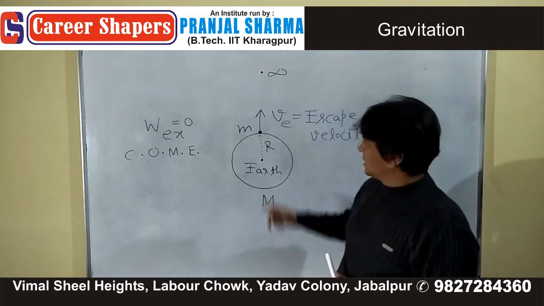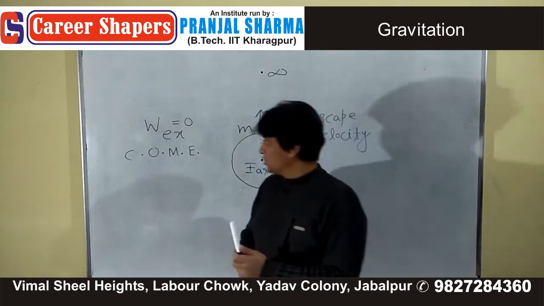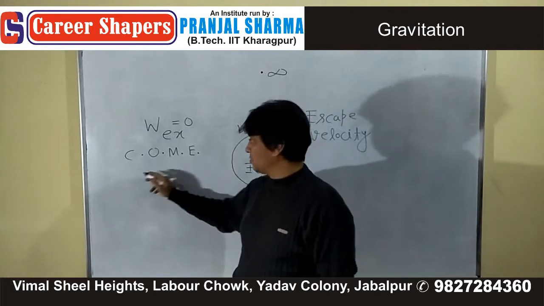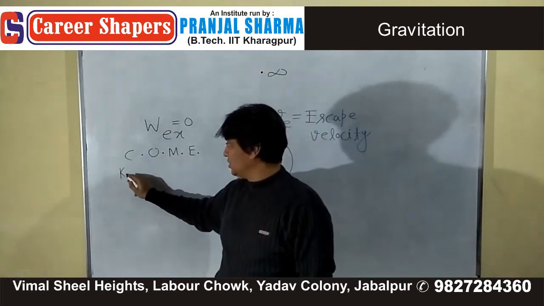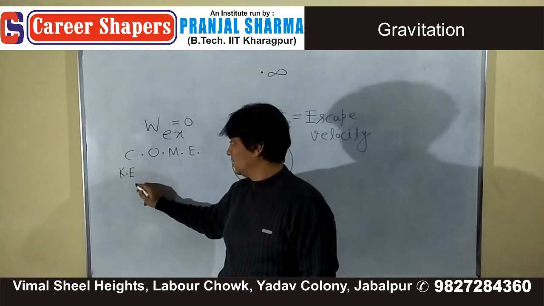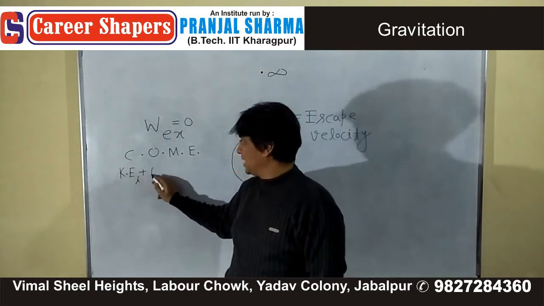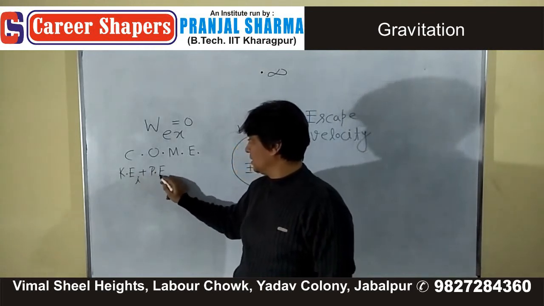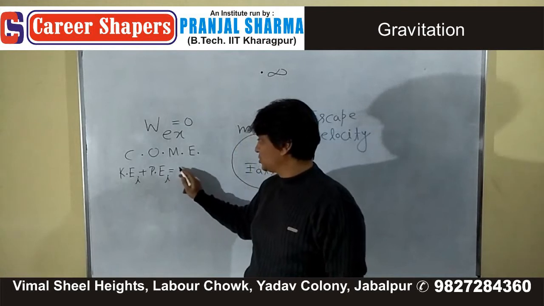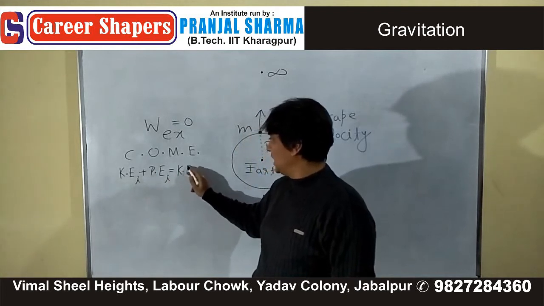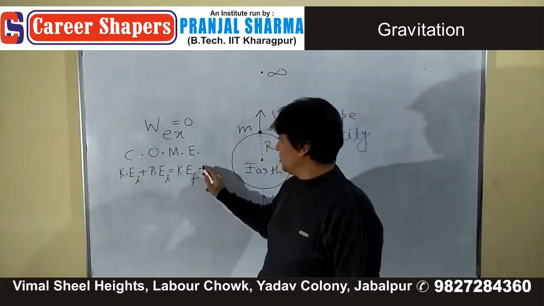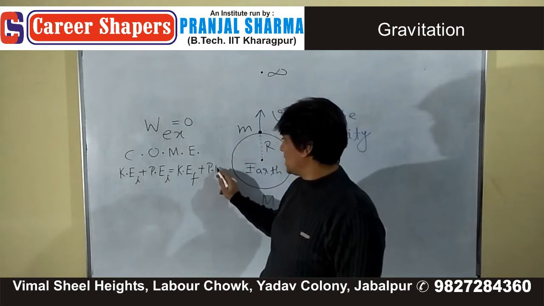What is the initial kinetic energy? When you use COME, it means initial kinetic energy plus initial potential energy, which is gravitational potential energy, equals final kinetic energy plus final potential energy.